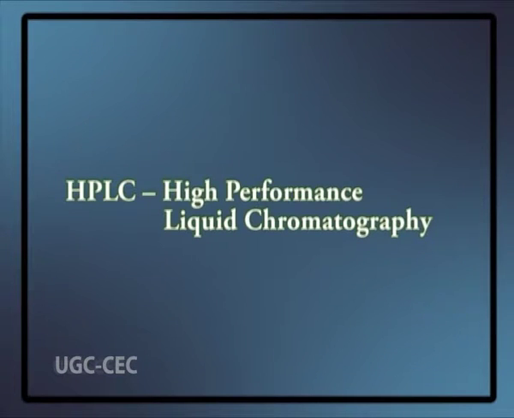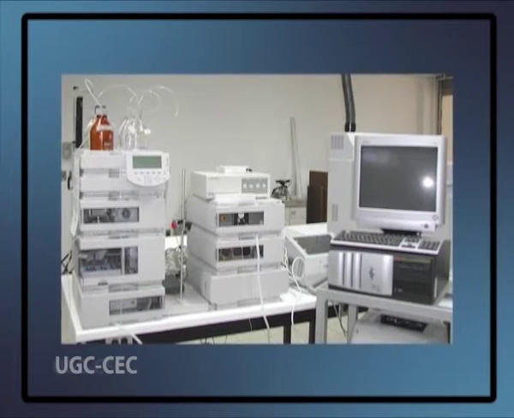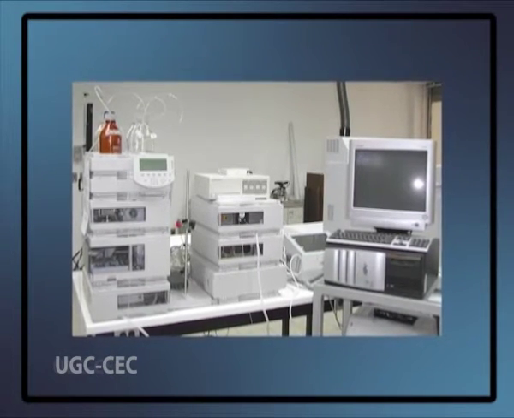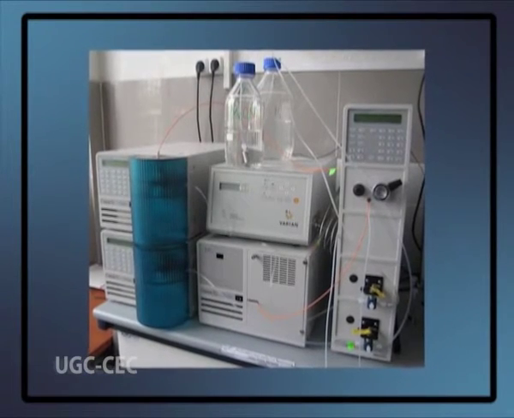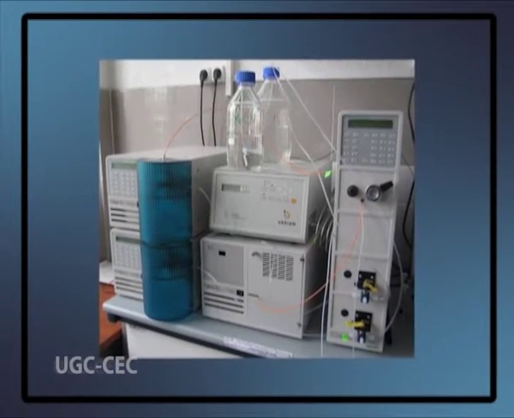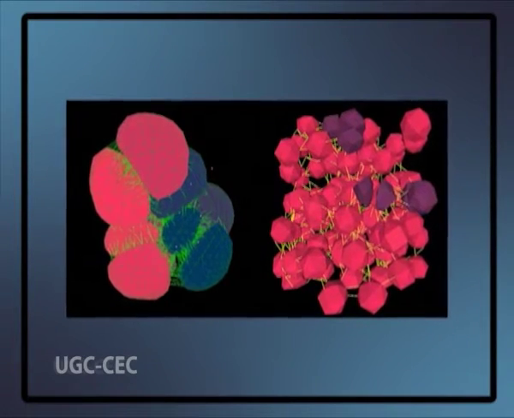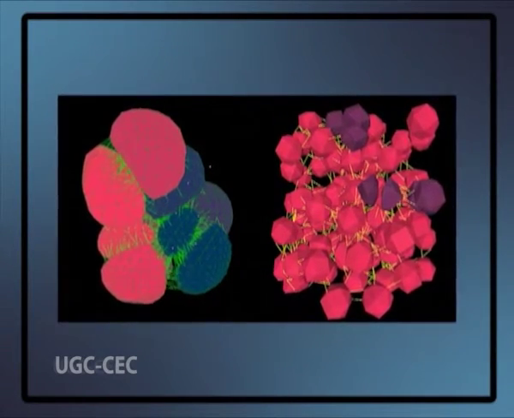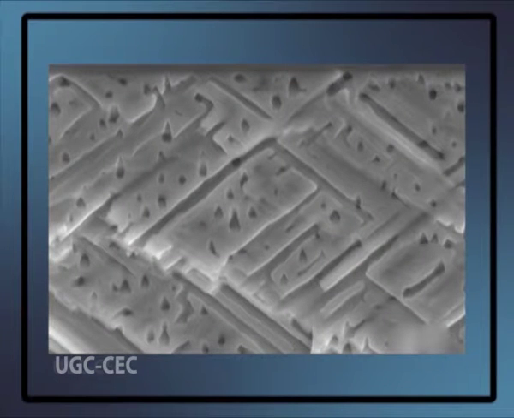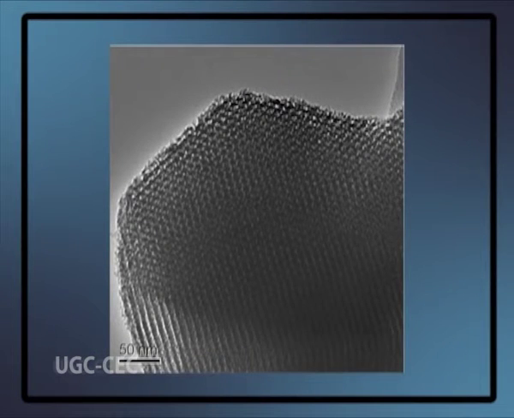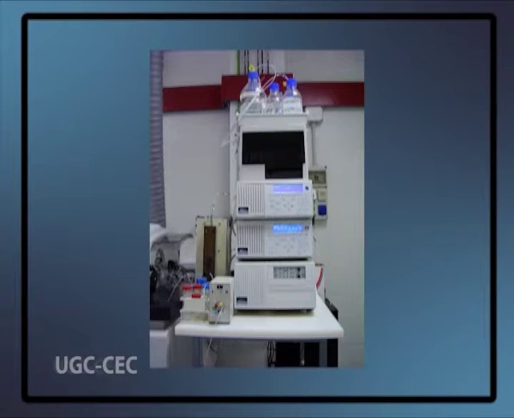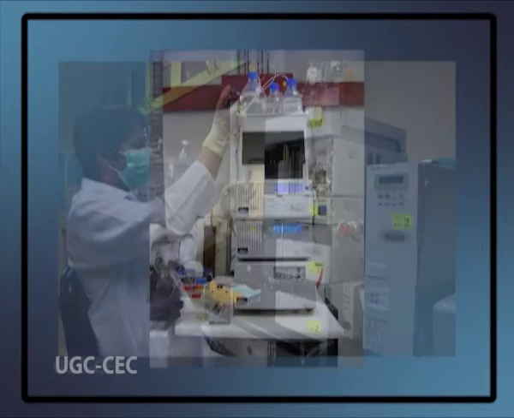HPLC, high performance liquid chromatography. HPLC is a type of liquid chromatography where the sample is forced through a column that is packed with a stationary phase composed of irregularly or spherically shaped particles, a porous monolithic layer or a porous membrane, by a liquid which is the mobile phase at high pressure.